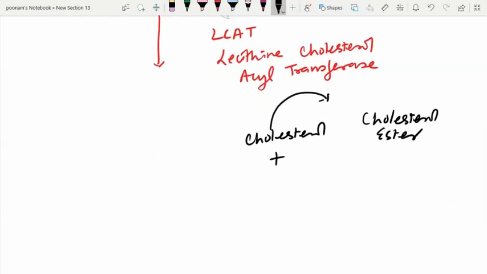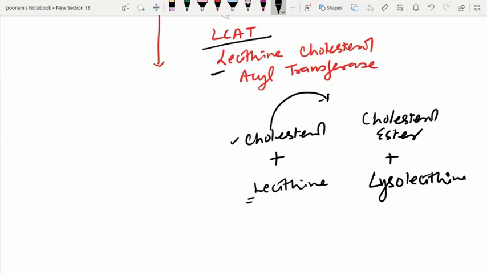Lecithin is the donor of the fatty acid which is attached to the third hydroxyl of the cholesterol. Lecithin is a phospholipid and it has a PUFA at the second carbon position, and that fatty acid is transferred to cholesterol to convert it to cholesterol ester, and lecithin is in turn converted to lysolecithin. Hence the name of this enzyme: from lecithin to cholesterol, fatty acid transfer.